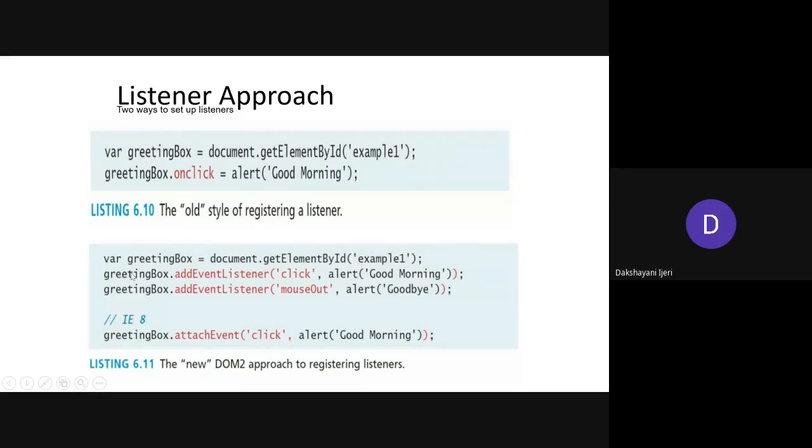Okay, with this variable name, you can see here we have applied the add event listener method, and this method is going to take two parameters. The first parameter is the event on which you want to perform, and the second is the action.